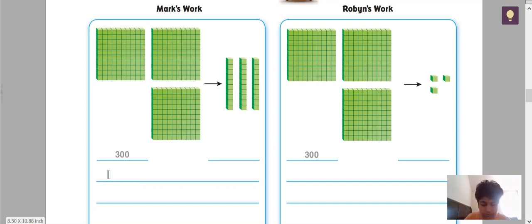Well, Mark's model does not make sense because the model shows 30 instead of 3.